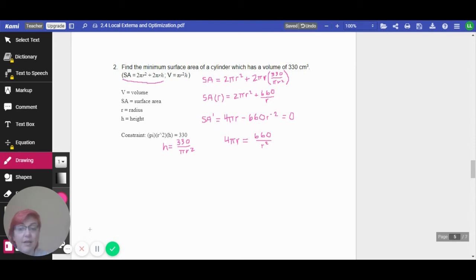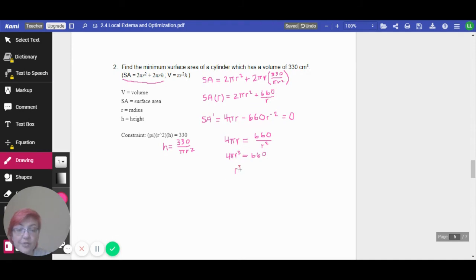Okay, now let's talk about what comes next. I'm going to multiply both sides by r squared, and we get 4 pi r cubed equals 660. I'm now going to divide both sides by 4 pi.